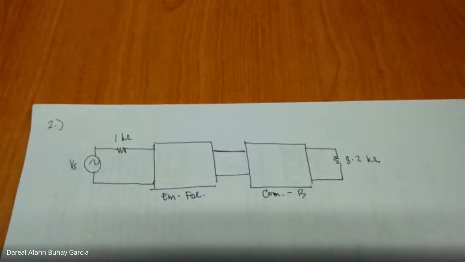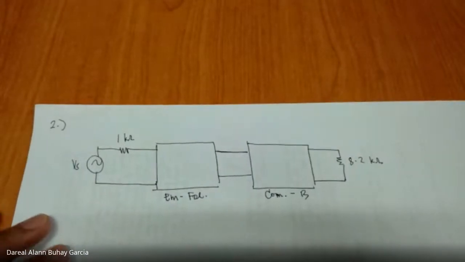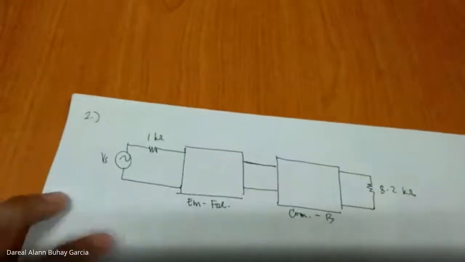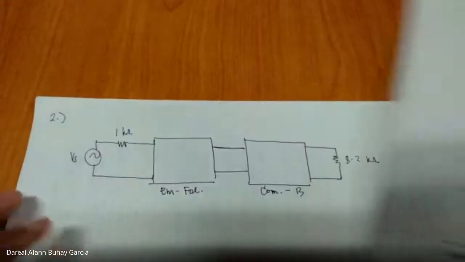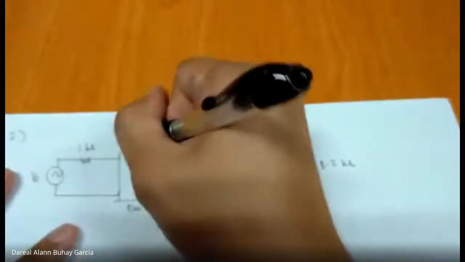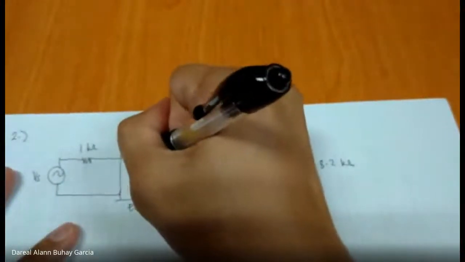Let me refer to our formula, just for comparison. The values are given. The emitter follower has a voltage gain of 1, which is why its AVNL is equal to 1.